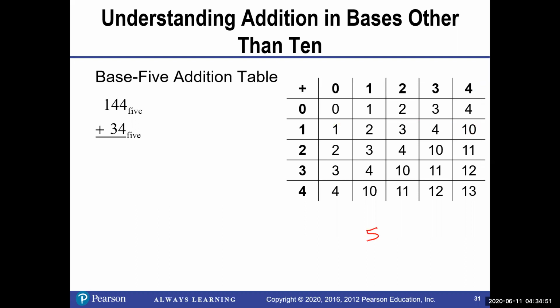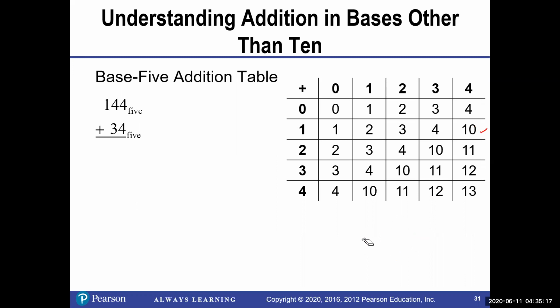And what base are we working in? We are working in base 5. Now, when you get 5, you ask yourself, how many times can 5 divide 5? 5 will divide 5 one time, remainder what? 0. And that is why we have 10 right there.